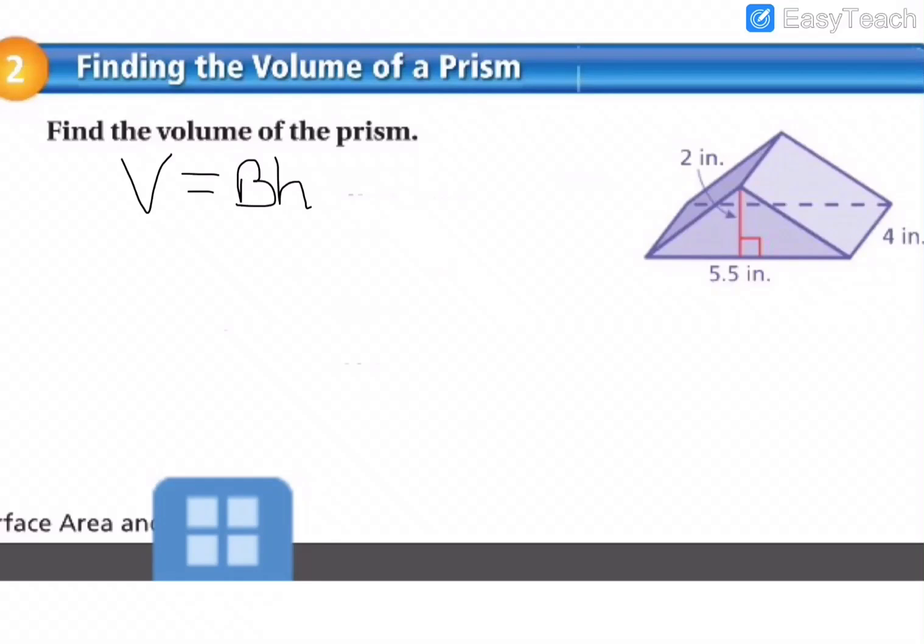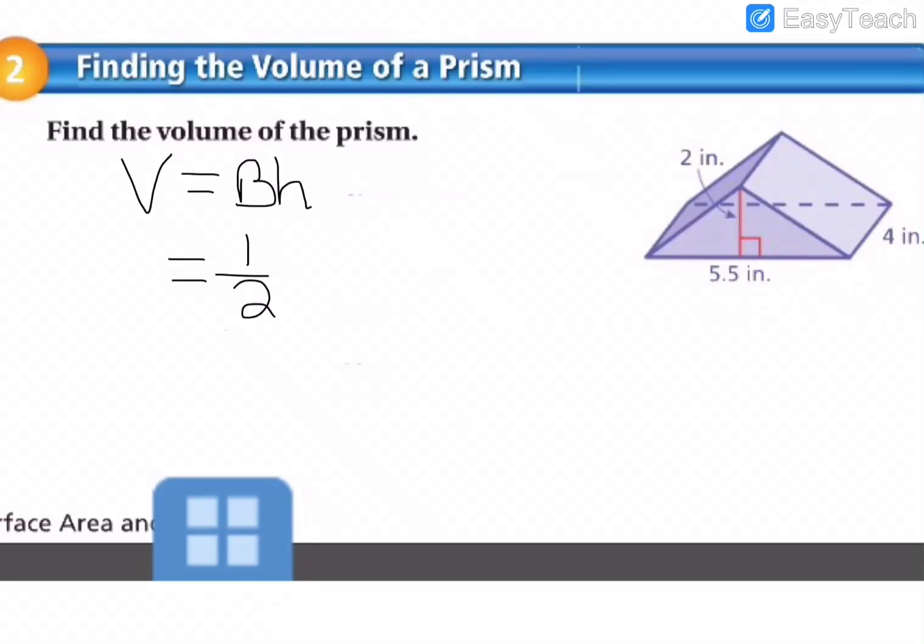Okay, so we know that the area of the base is a triangle. So it has to be half of, let me get out my little highlighter here. Remember we talked about areas of triangles. It is the sides of the triangle that make the right angle, so that's this one and this one.